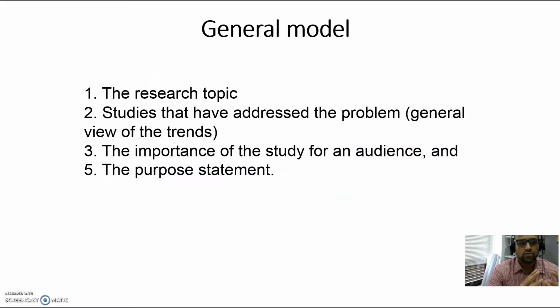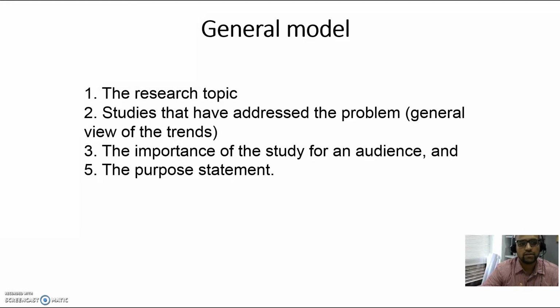This is a general model of a research problem, which usually is presented separately from the introduction, but I think it's better to write the research problem in your introduction. For those in fourth semester, once you start writing your introduction, you can introduce it there. And for those in the third semester, the idea is that you can have your research problem written, and once you start writing the introduction, you can include it.